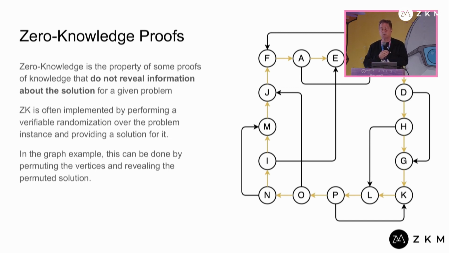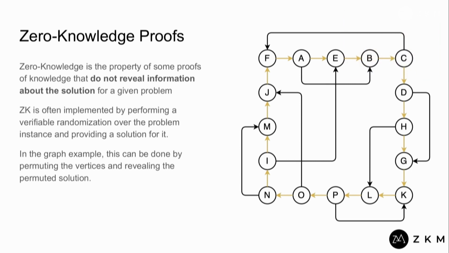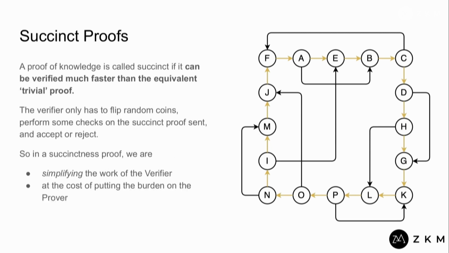This is often implemented by performing a verifiable randomization over the problem instance, and then showing that you know a solution for it. In the example here, we have permuted the original instance, and we show in the permuted instance that a cycle exists. This would be an example of a zero-knowledge proof.